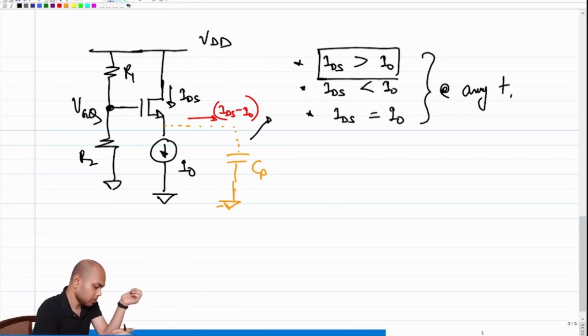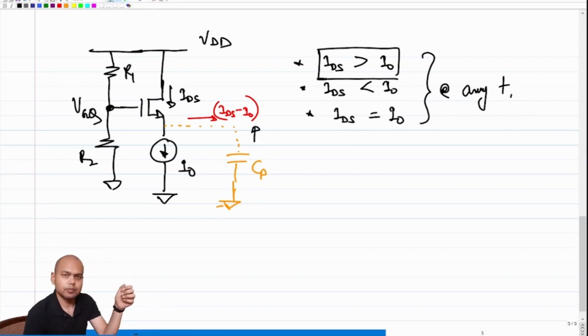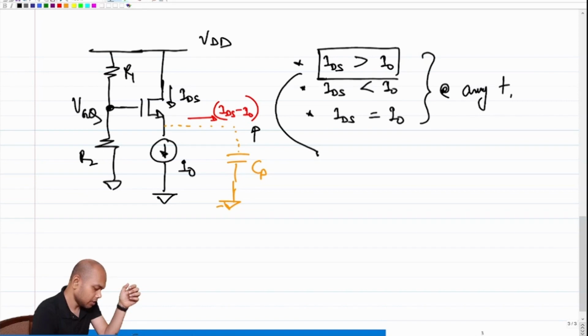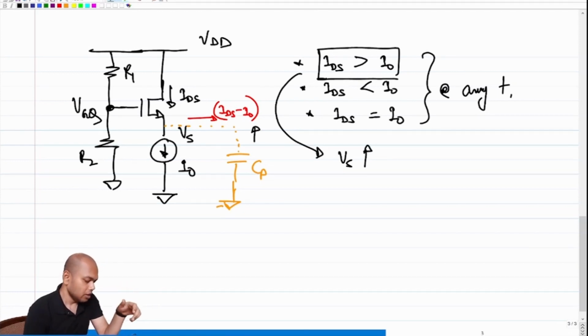Just mark it like this. I am considering this case, this is Vs. Vs will increase. So IDS greater than I naught results in an increase in source voltage.